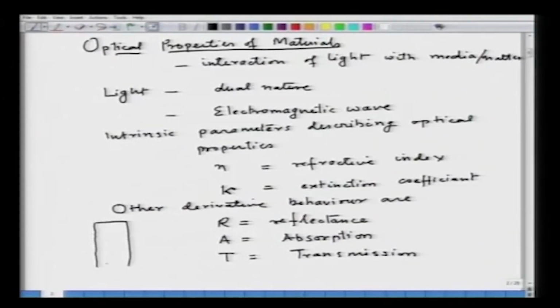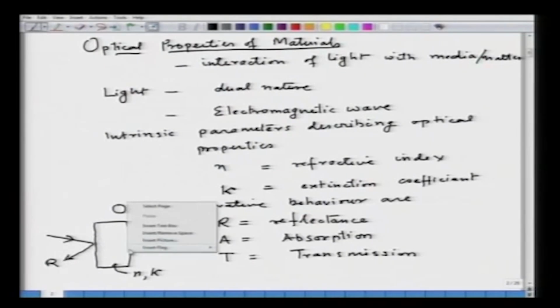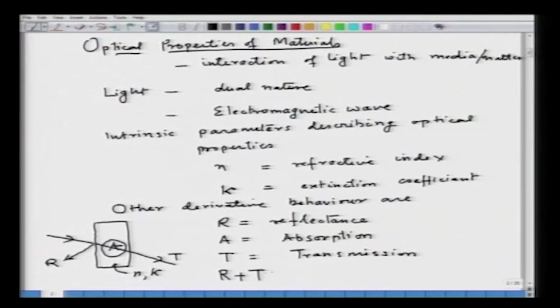Basically, a material has its optical properties defined by parameters N and extinction coefficient, and if I am looking at any light coming in, how much of it is reflected back is given by R, how much of it is transmitted is given by T, and there is some amount which is getting absorbed in the material, which is given by A. So, effectively, R plus T plus A is always 1, and these parameters R, T and A are actually dependent on the intrinsic property of the material, which is N and kappa.